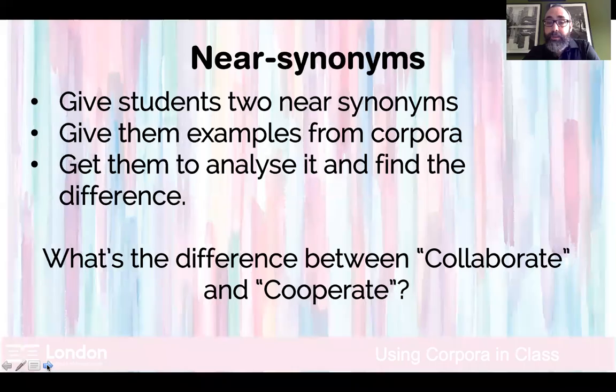For example, what's the difference between collaborate and cooperate? Okay, are you able to tell me what's the difference between collaborate and cooperate? All right.